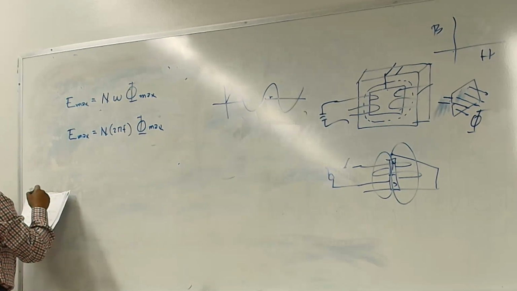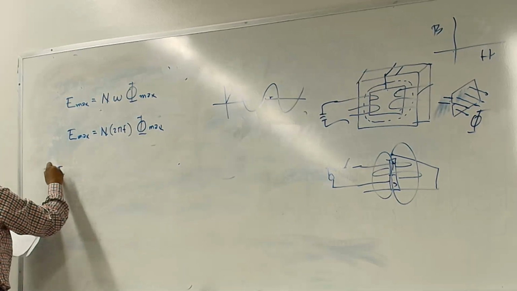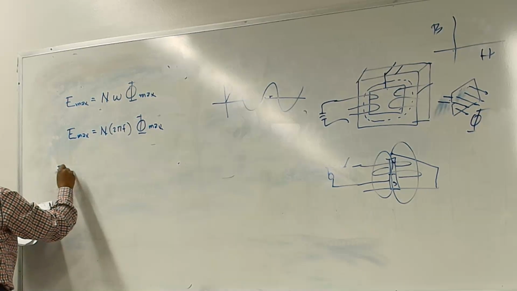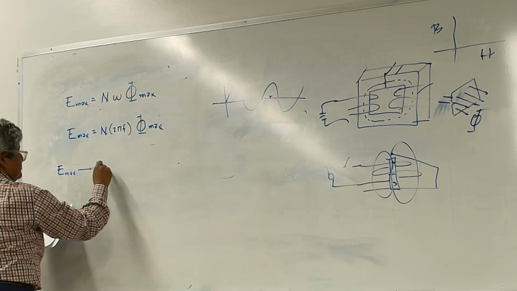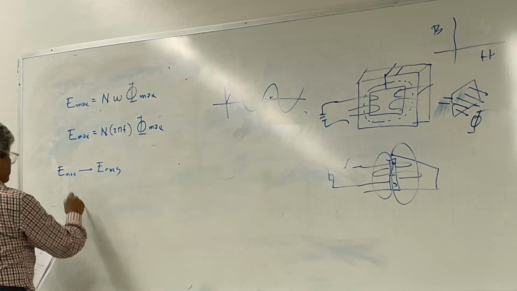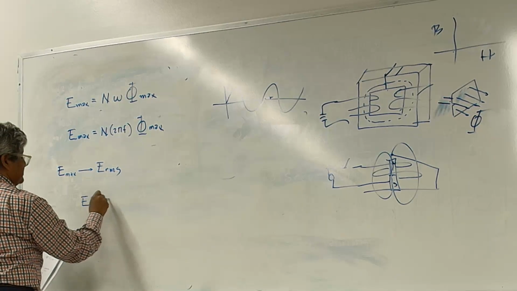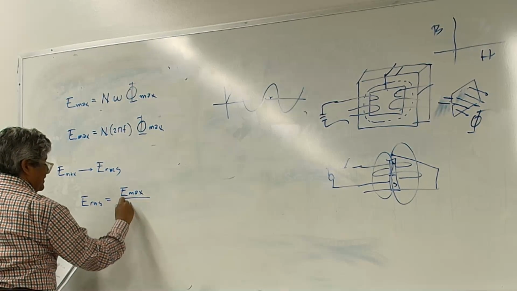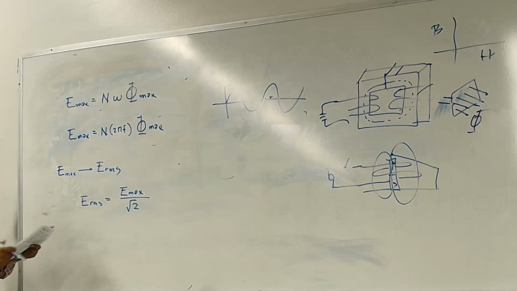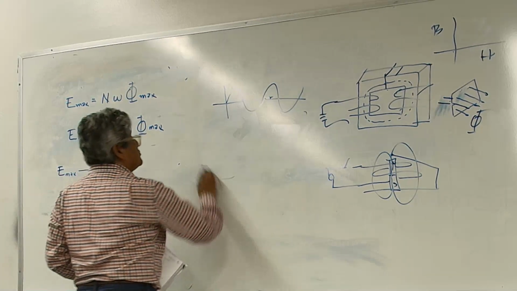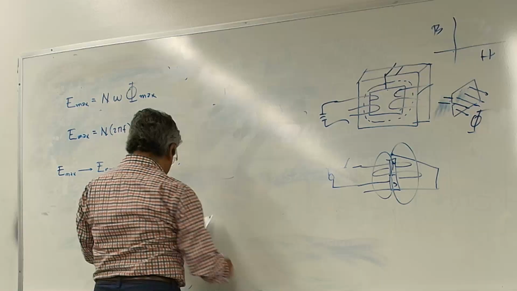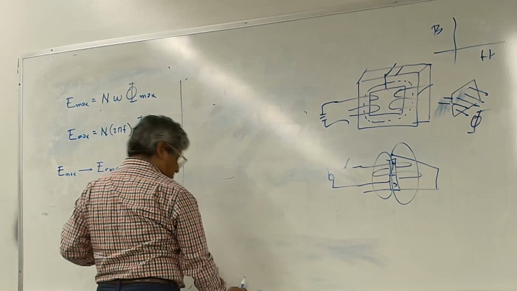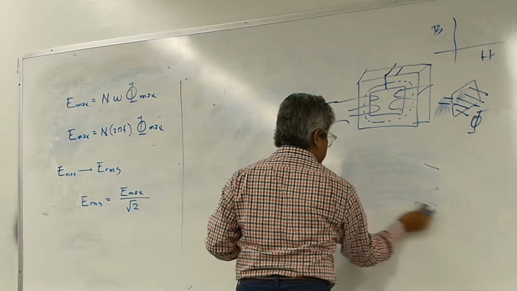All right, so we're going to convert the E max to E RMS. We know that E RMS is equal to E max divided by, let's remember, square root of 2. So I'm going to substitute that and write it here so I don't get this convoluted.